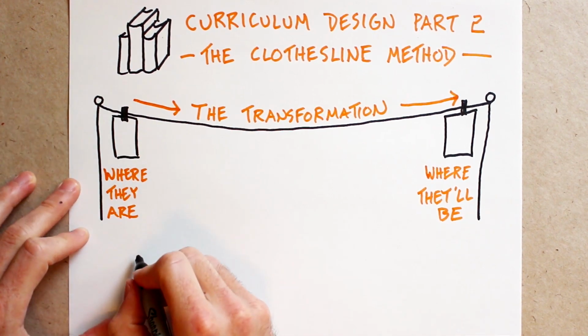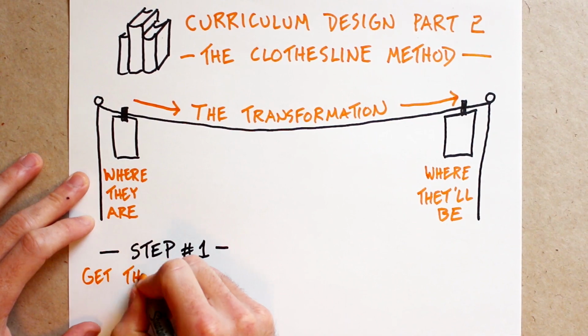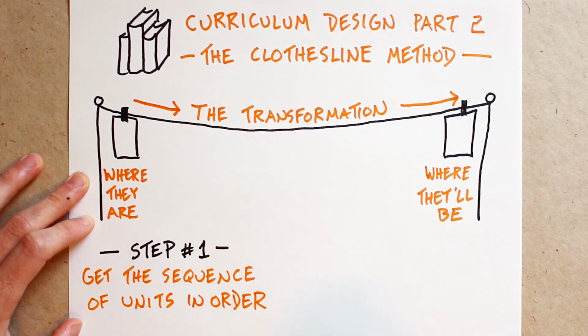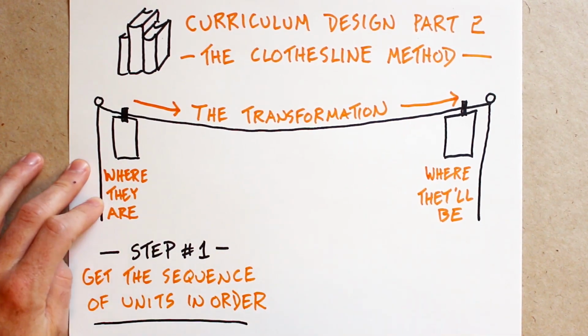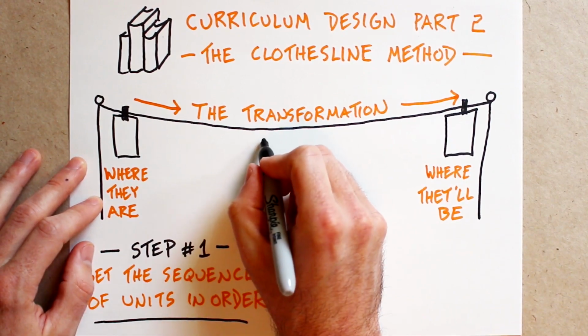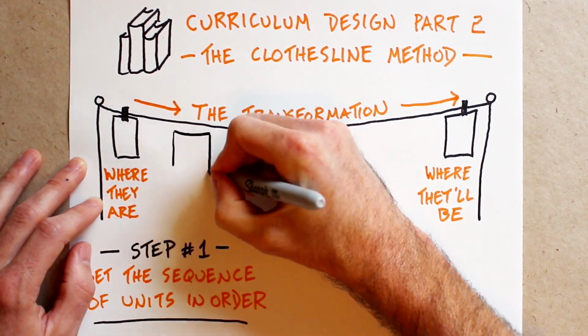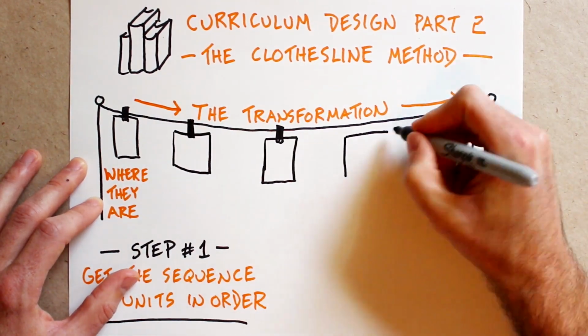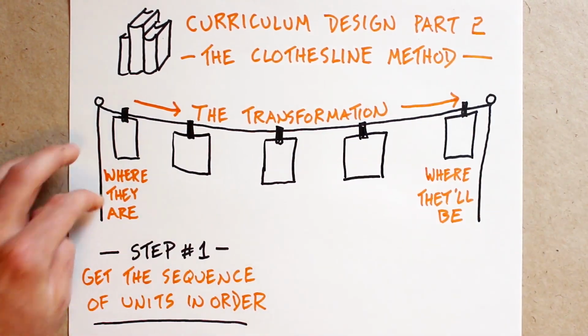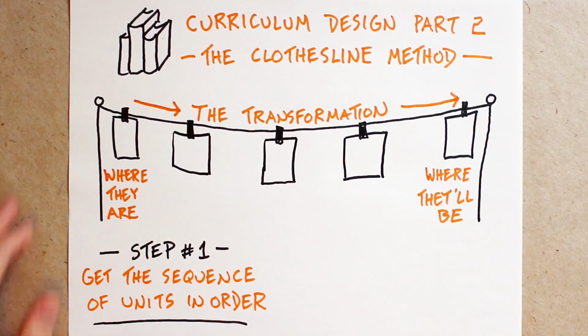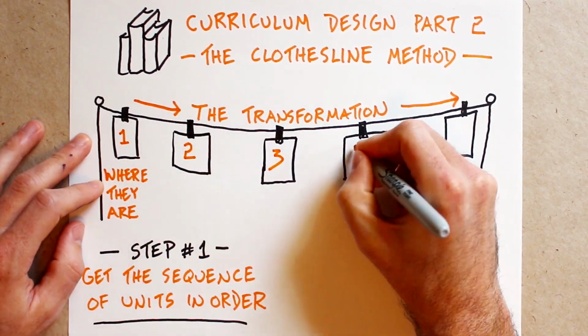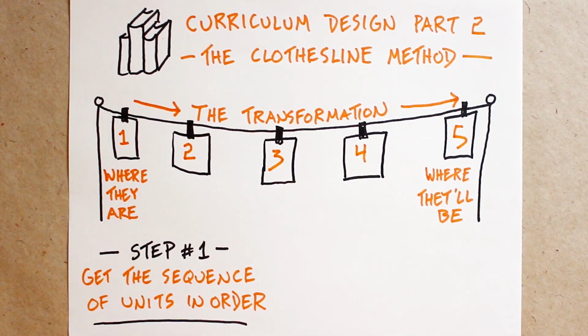From there, our task is to get the sequence of units in order, and this is where some of the flexibility of the clothesline method comes into play. You don't necessarily have to get this right the first time. You can get units onto that line as you see fit and move them around as you figure out what sequence of activities and learning experience makes sense to take your students from where they are to where you'd like them to be.